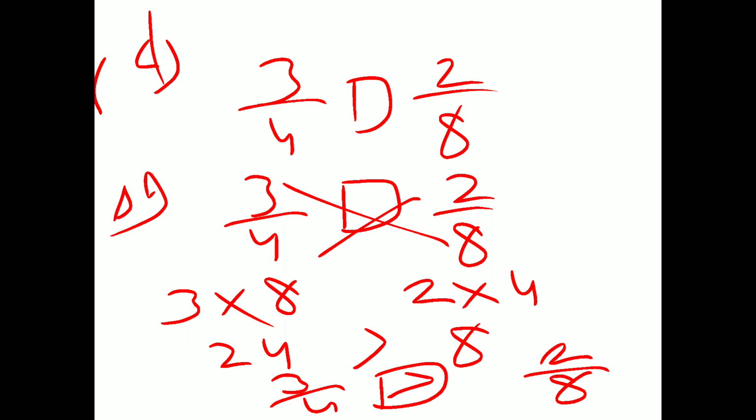And in case both the numerators and denominators are not same, in that case you have to do cross multiply. Clear? Means if the denominators are same, then numerator which is the greatest one will be considered greatest, and in case numerators are same, denominator which is smallest one will be considered biggest one. Clear? So I hope you understand.